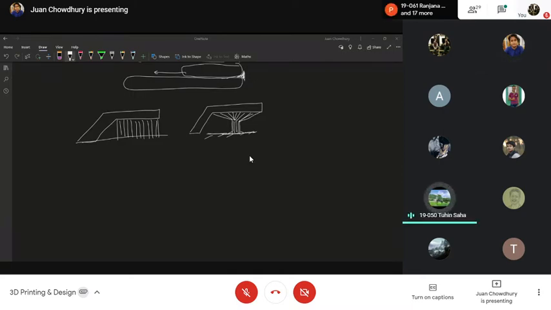Sir, here in the second case, the support structure itself needs support. No, not really. Like I was talking about, only after a certain angle of inclination will you need support. So the support is generated such that the optimum angle, up to the threshold point where you don't need support, is maintained.